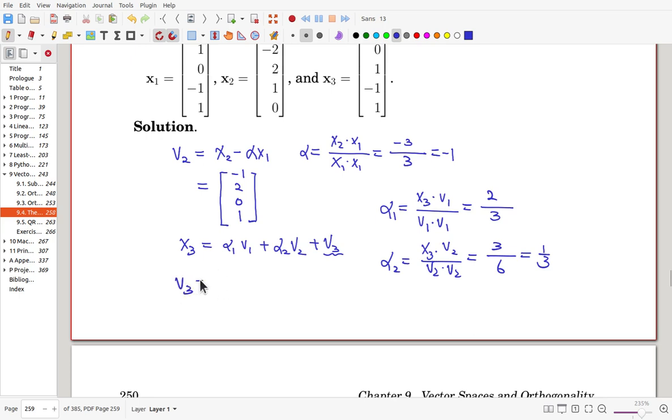so V3 is the same as x3, which is here 0 1 minus 1 and 1. Alpha 1 is 2 over 3, and V1 is x1, that is 1 0 minus 1 and 1, and alpha 2 is, no, that is half, right?